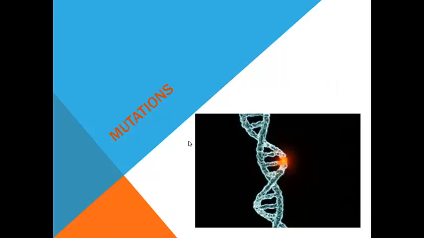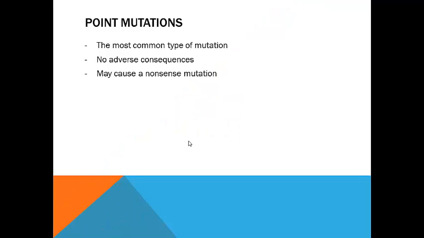Mutations. A change in the gene that occurs simply by chance. So first we'll look at point mutations. These are the most common type of mutations. No adverse consequences, and may cause a nonsense mutation.